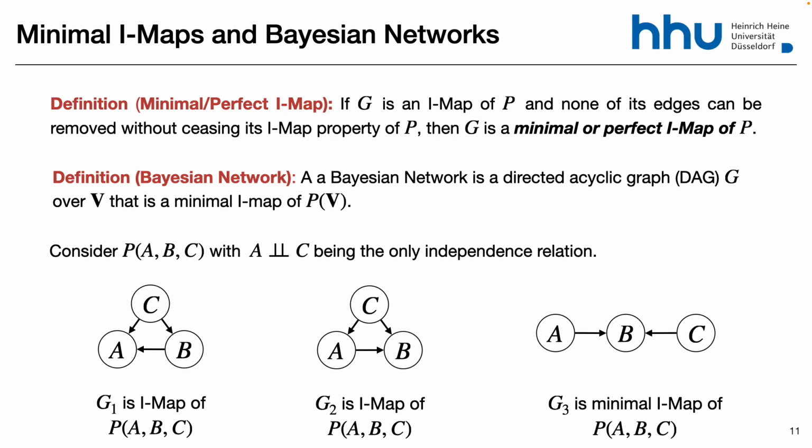That's the definition. So if you're going to see the definition out there, they're maybe not going to show you the definition using minimal IMAP. Maybe they're going to say just that it implies this factorization over the parents, of variables being independent of the non-descendants given the parents.